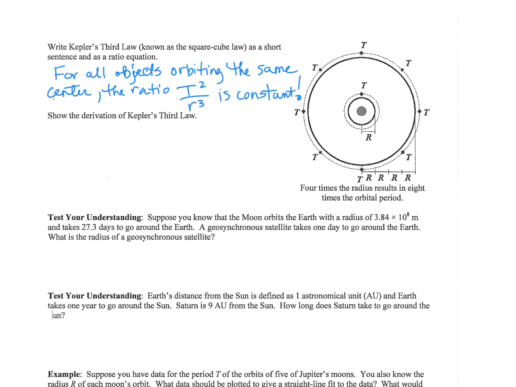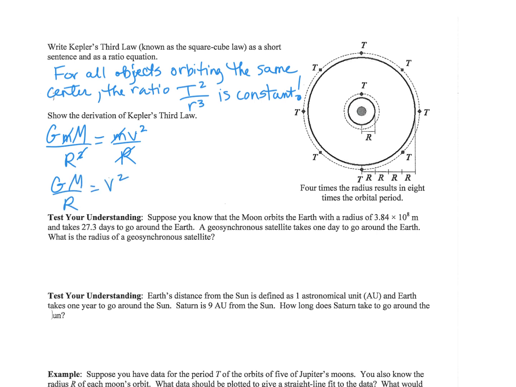Okay? Now, derivation of Kepler's third law, we've done this once already. We know that GM over r squared has to be equal to little m v squared over r. So little m goes away, and one of the r's goes away. So we are left with GM over r equals v squared.